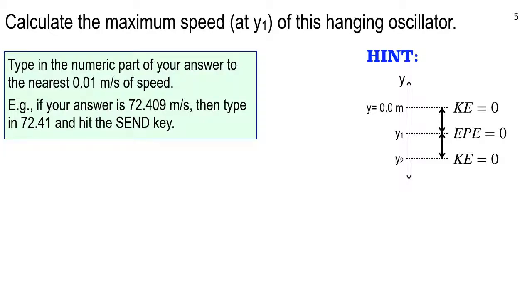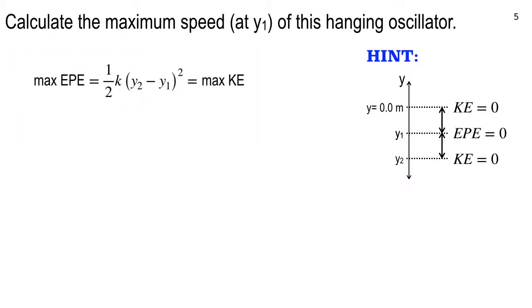All right, let's work it out. Here we go. We're going to think in terms of energy, so we're not going to do F equals ma or anything like that. I mean, you could if you wanted to, but it's a menace to society. But if you think in terms of energy, you're going to be copacetic. All right, so maximum elastic potential energy is equal to 1/2 k times the extension from equilibrium, y1 to y2.